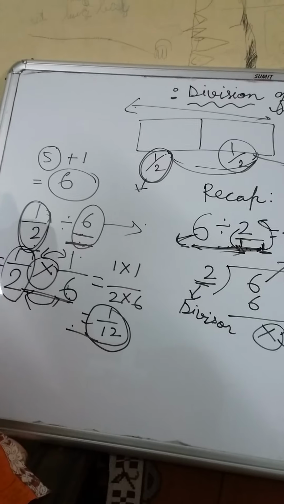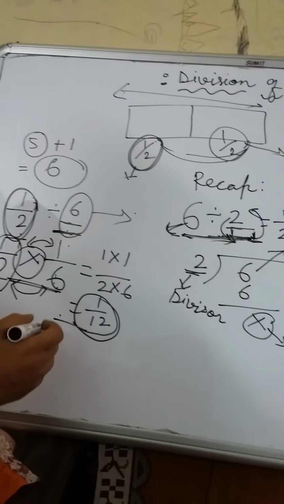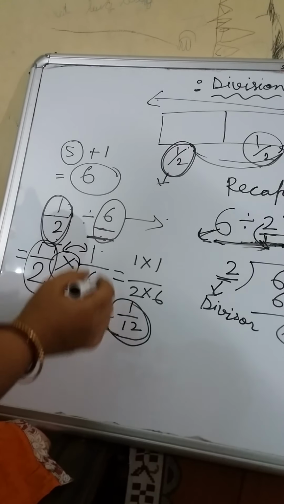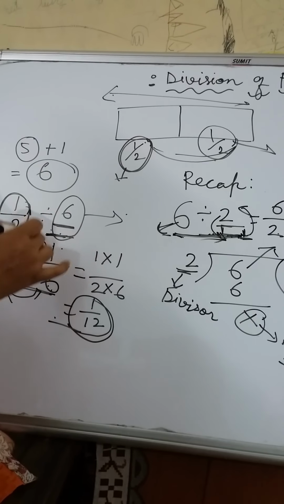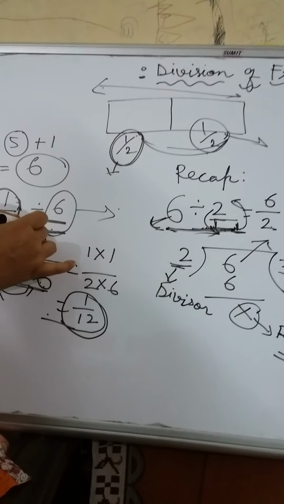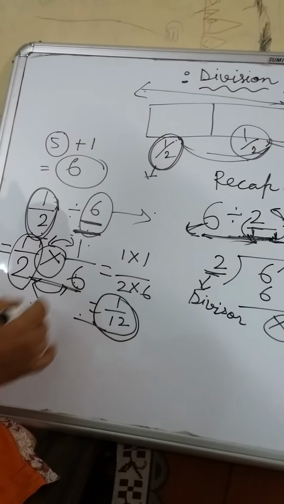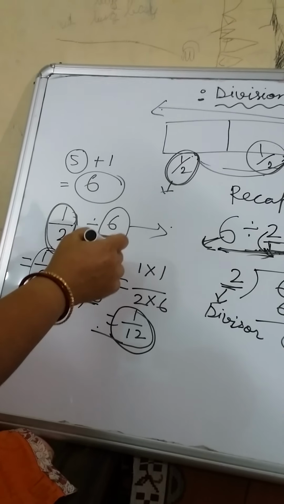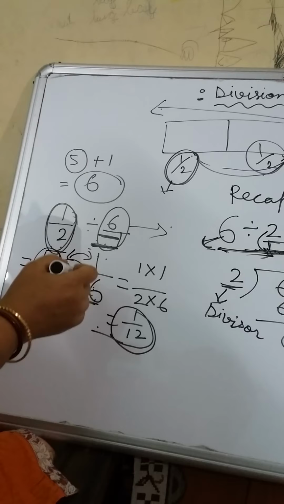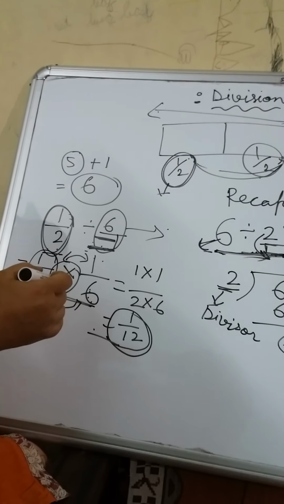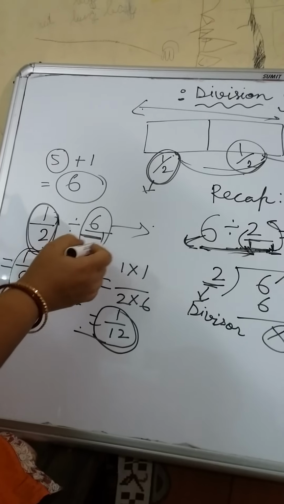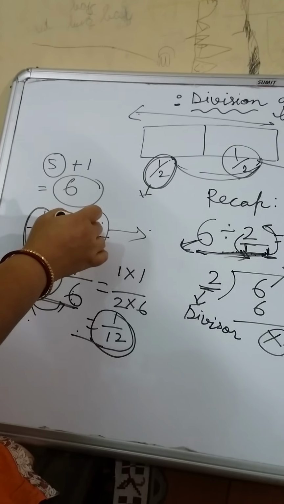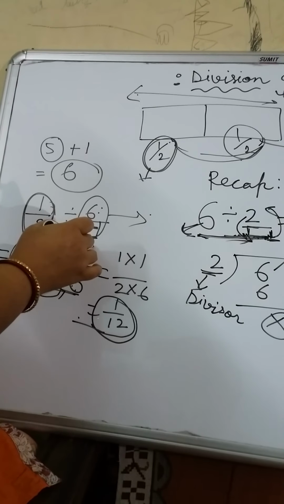So for division of a fraction, you just have to remember to reverse the divisor. That means turn the divisor upside down. Denominator will become numerator, and numerator becomes denominator.